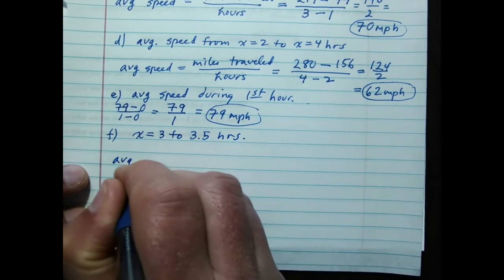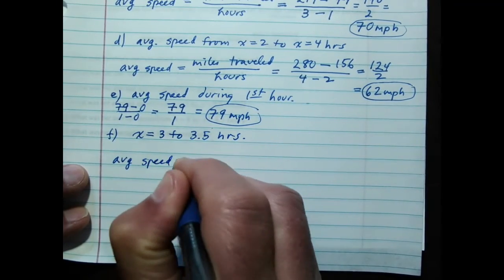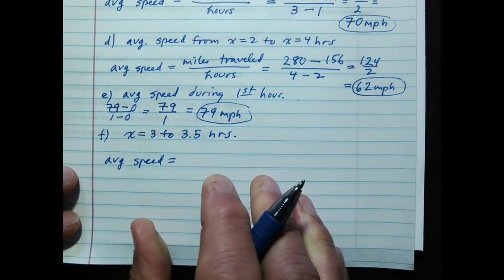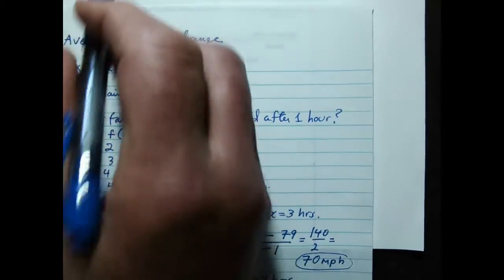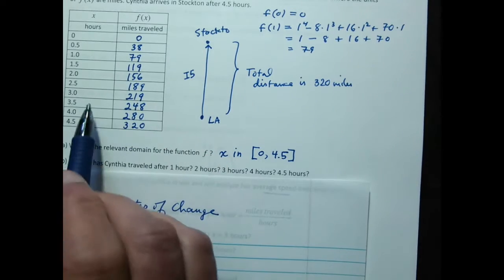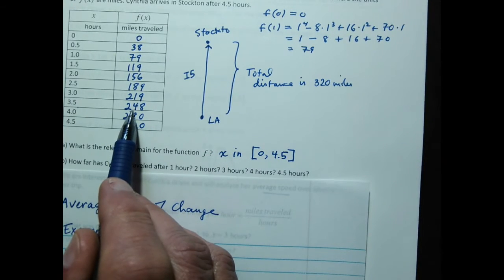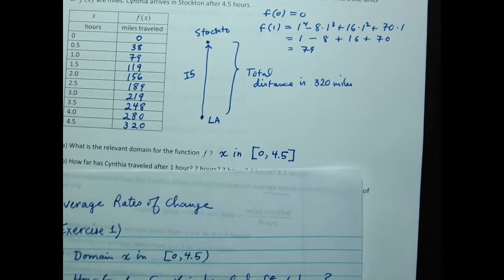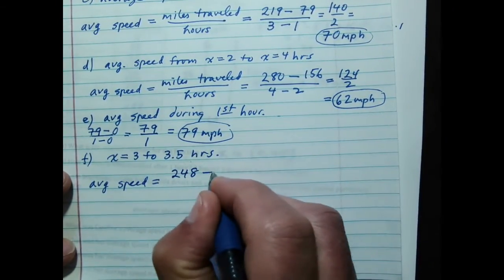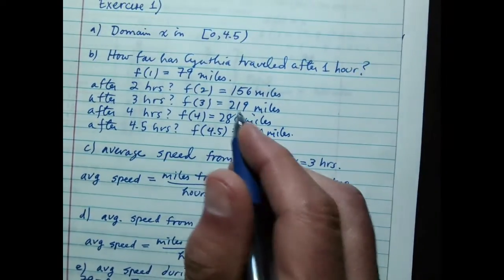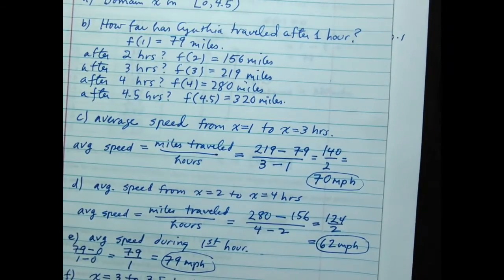So her average speed, it's just the same calculation again. It's going to be distance traveled. Now I don't have it written up above. I've got to go back to the chart from the problem. After 3.5 hours, she had gone 248 miles, minus, after 3 hours, 219, over 3.5 minus 3.